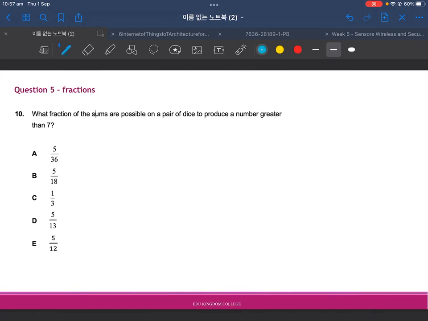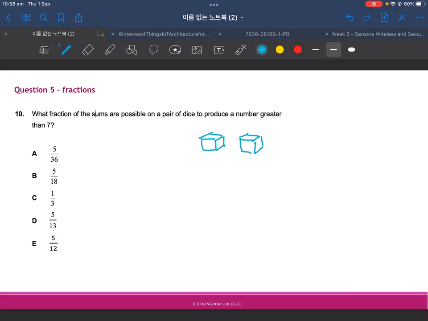Alright, question number 5. Fractions. What fractions of the sums are possible on a pair of dice to produce a greater number than 7? Okay, so we have 2 dice, 1, 2, and we just roll them, imagine, simultaneously.